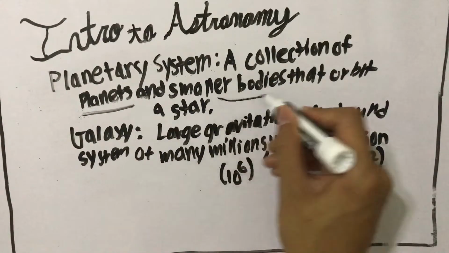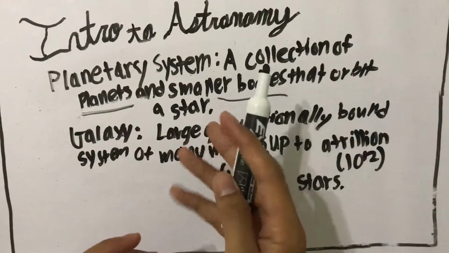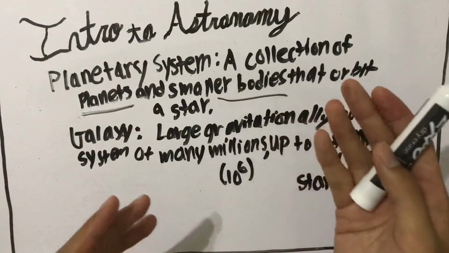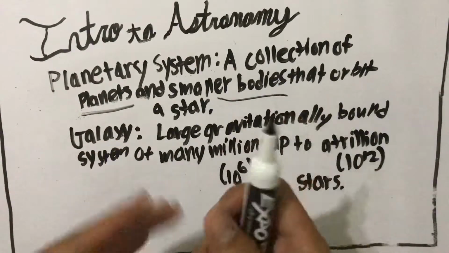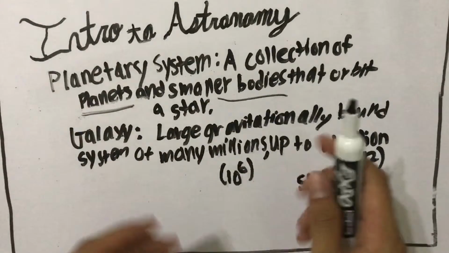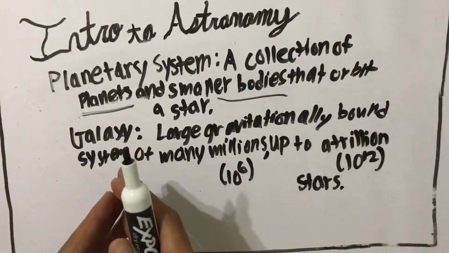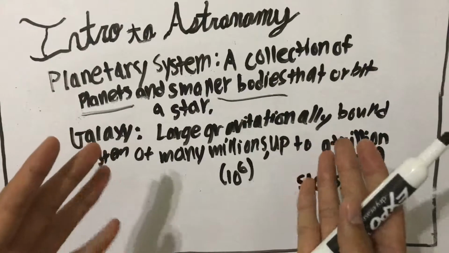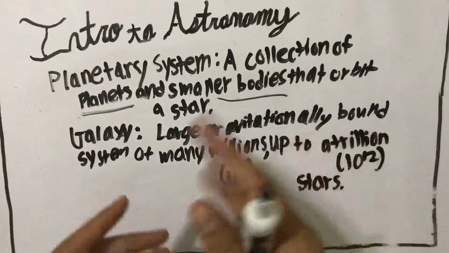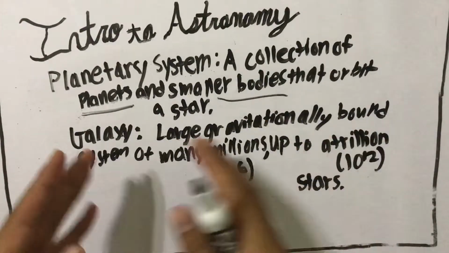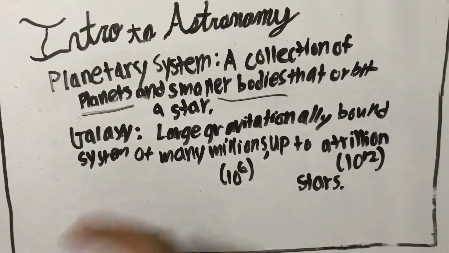And the small bodies considered in this definition would just be the dust particles, the meteoroids, comets, asteroids, etc. Could be any bodies that orbit along with the planets. And then the galaxy right here is just a gravitationally bound system which consists of many stars like our sun. So our sun, or a planetary system, is actually part of this big galaxy which is called the Milky Way galaxy that we are currently in.